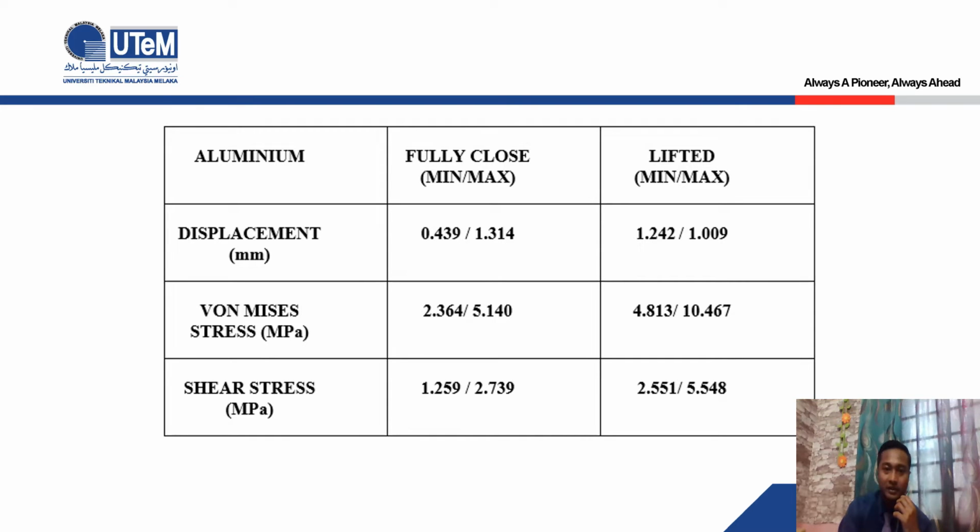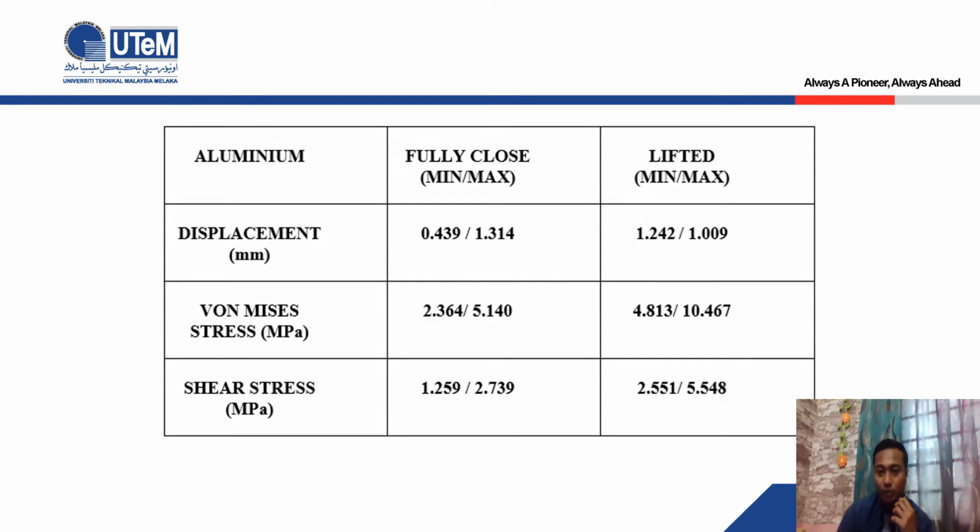So this is the aluminum result. For displacement, on the fully closed condition, we have 0.439 and 1.314. For von Mises stress, we have 2.364 and 5.140. For shear stress, we have 1.259 and 2.739.